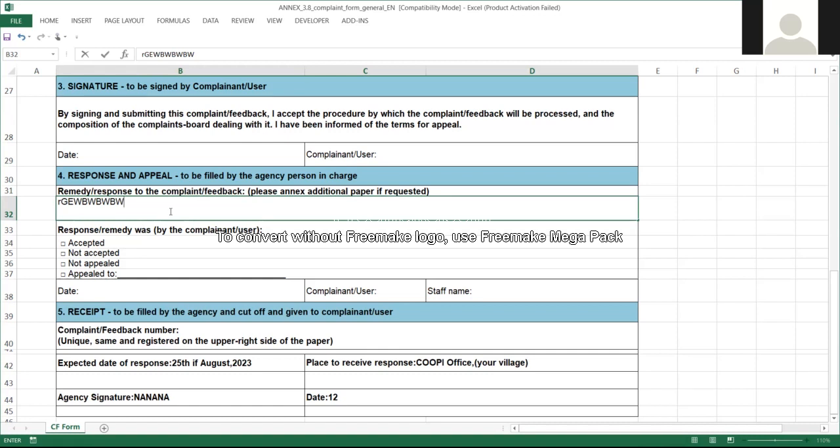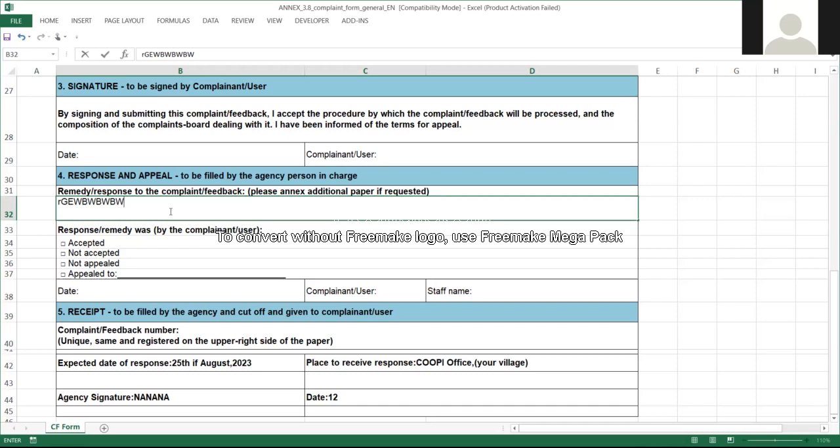Not appealed. For example, the person may accept. If he accepted, the matter is over, so there is no further appeal. But if the person does not accept the feedback, there are 2 options.